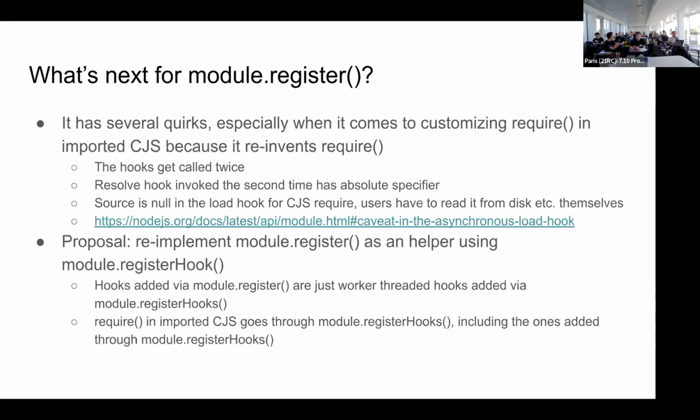So at some point, if we really decide not to maintain it internally, but we don't want to just break everyone, then we can say you have some time to migrate. In the meanwhile, you can use this npm package, which is a public helper built on top of the module register hook. So maybe instead of importing register from module, you import Node.js/register. Okay.